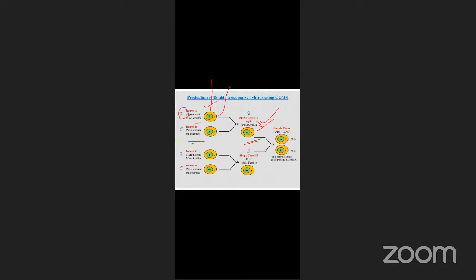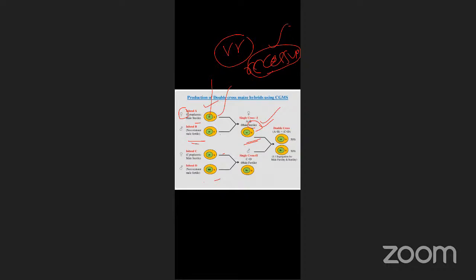Next one, inbreed line C and line D, the same cytoplasmic male sterility and male fertile, the same cross. But what is the difference between the two? In the first, inbreed A has small rr, which means the character is recessive, not expressed.